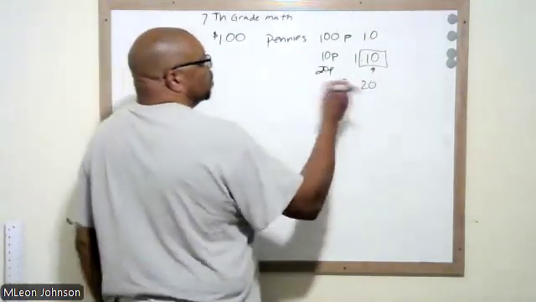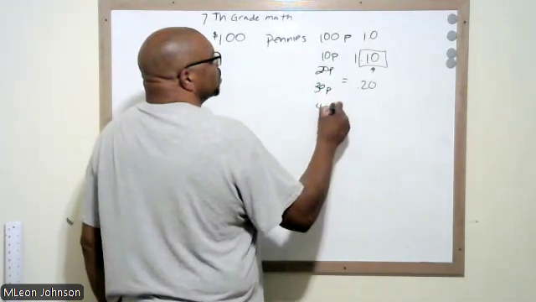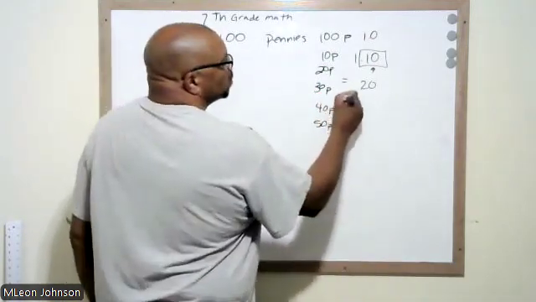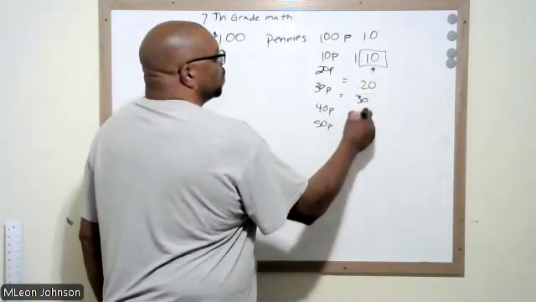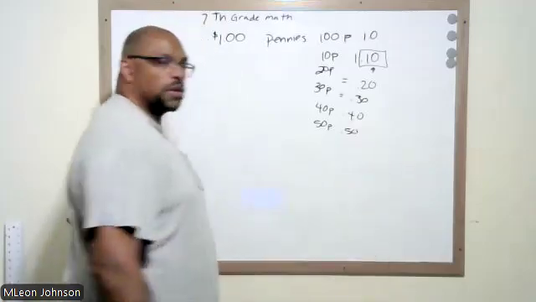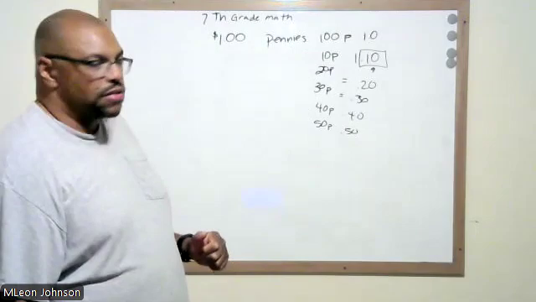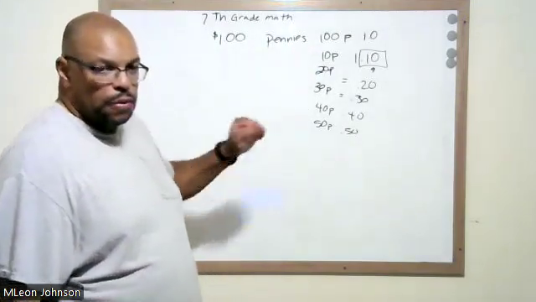And then we continue on, 30 pennies, 40 pennies, 50 pennies, and so on. Each one will correspond to 0.30, 0.40, 0.50. Okay? So if you understand and see this right here, this is very, very easy. These are just pennies, right?